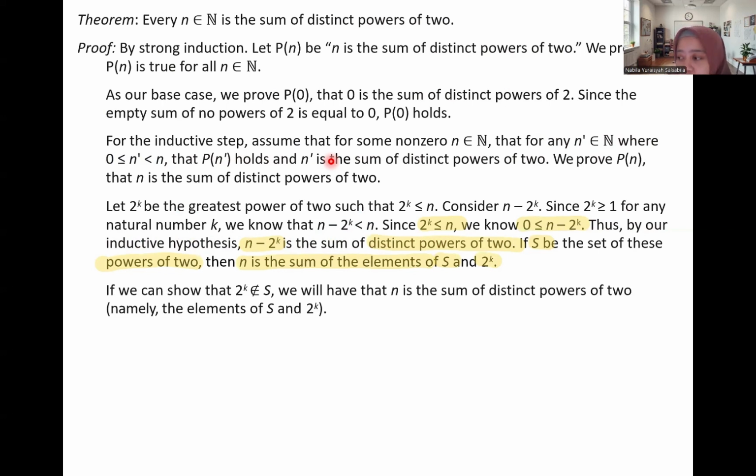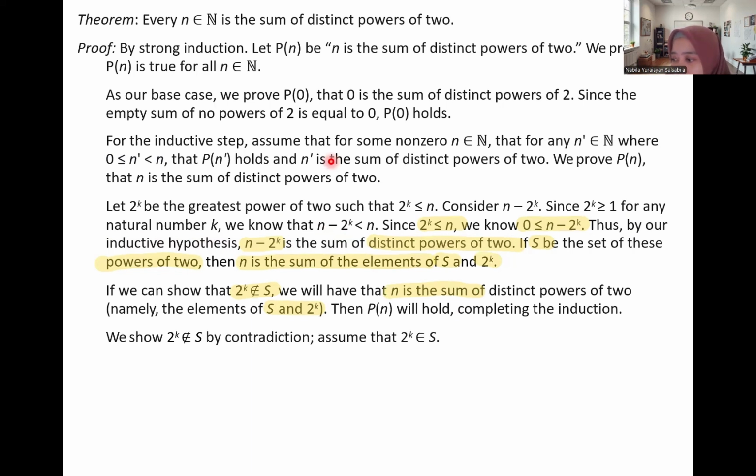So if we can show that 2^k is not an element of S, we will have that n is the sum of distinct powers of 2, namely the elements of S and 2 to the power of k. So Pn will hold, completing the induction.